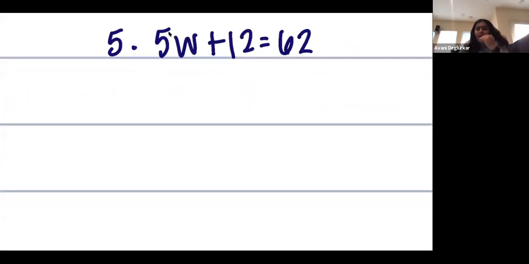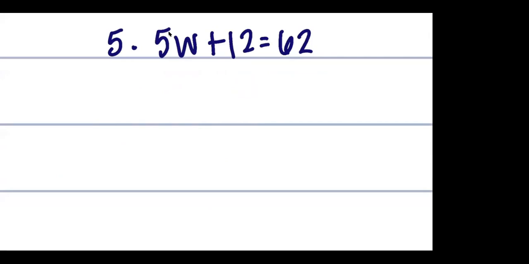Anyone for 5? Shreya, go ahead. So you subtract 12 from both sides, which will give you 48 with 5. So W would be 8. I mean, sorry, 9.